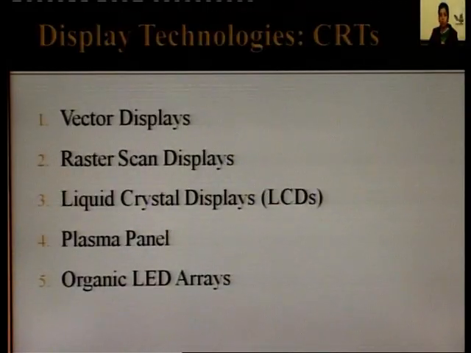Next are display technologies or display devices. Display devices are CRT, LCD, LEDs, plasma panel, raster scan display and vector scan display. These are the technologies used in computer graphics.